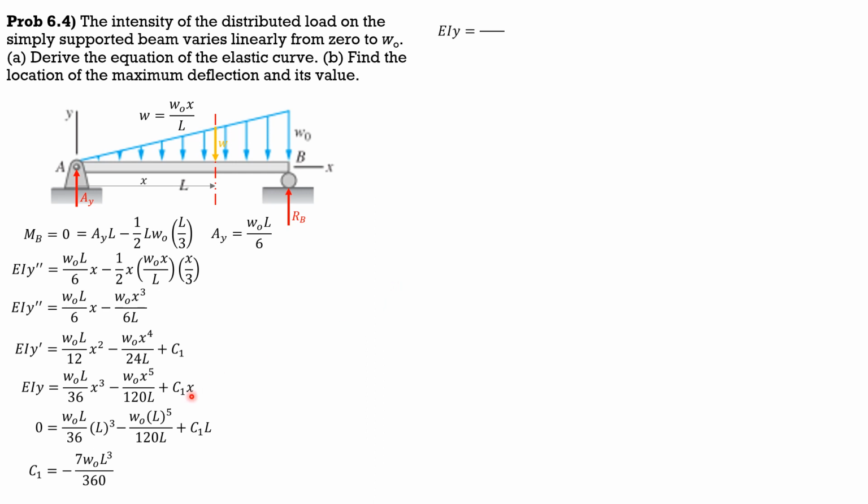So substitute here, EI y equals WOL over 36 x cubed minus WOX to the 5th over 120L minus 7 WOL cubed x over 360.